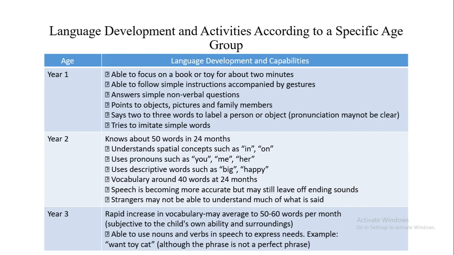Some of the developments at year 2: a child will know about 50 words in 24 months, and will understand spatial concepts such as in and on, and pronouns such as you, me, her, and use descriptive words such as big and happy.